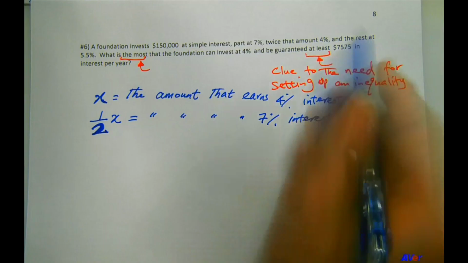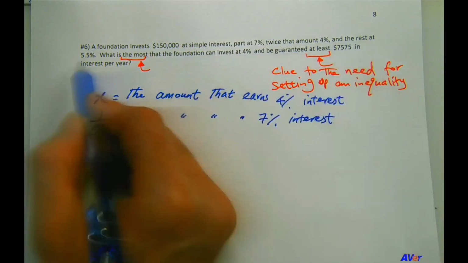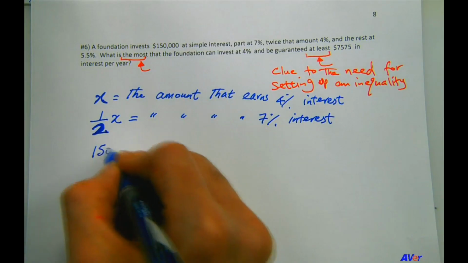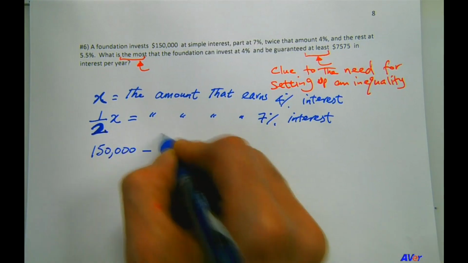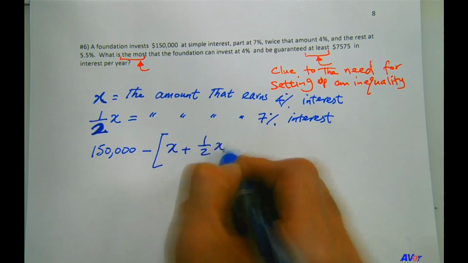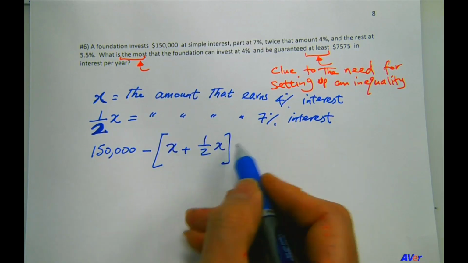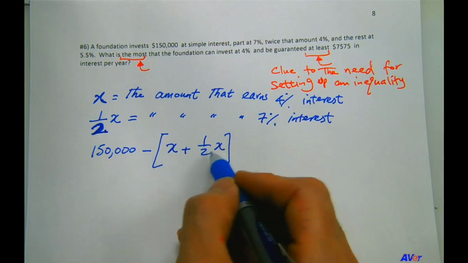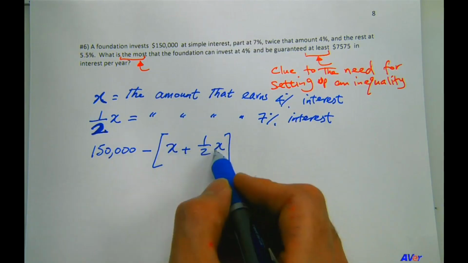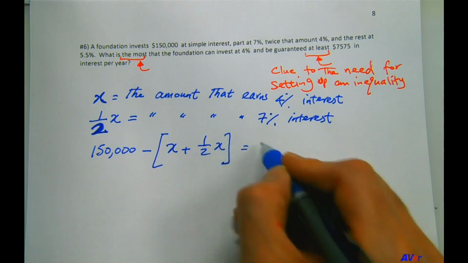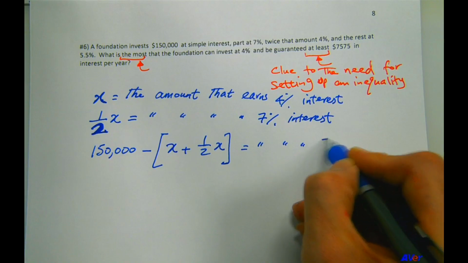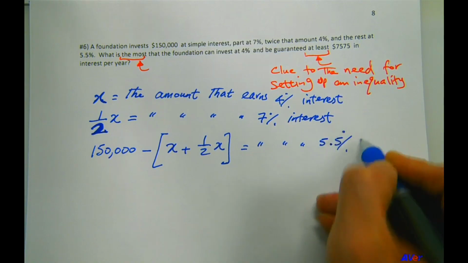And the rest at 5.5%. That means 150,000 minus x plus 1/2 x, or 3/2 x if you like, but I'll just simplify it next. 150,000 minus that should be the amount invested at 5.5% interest.